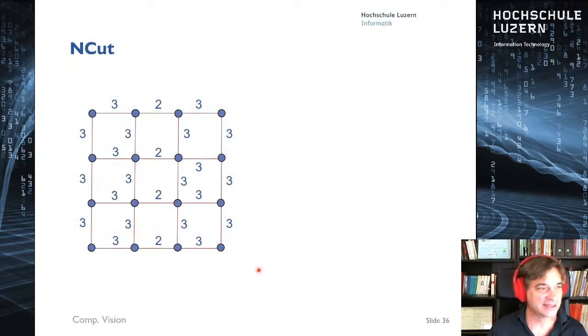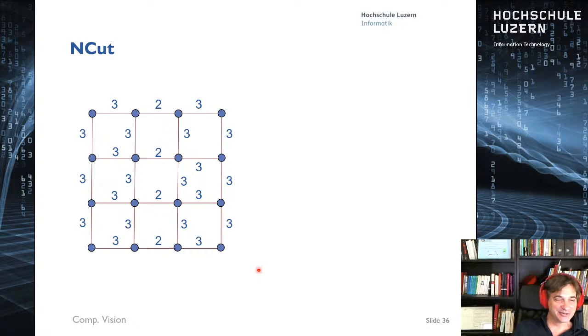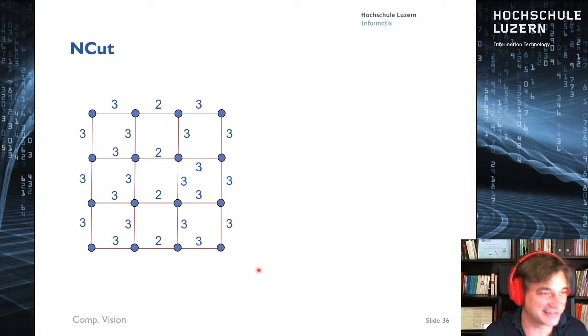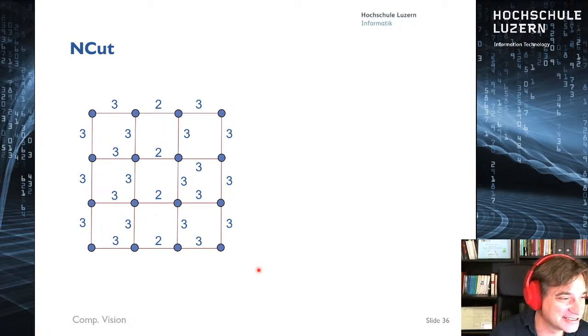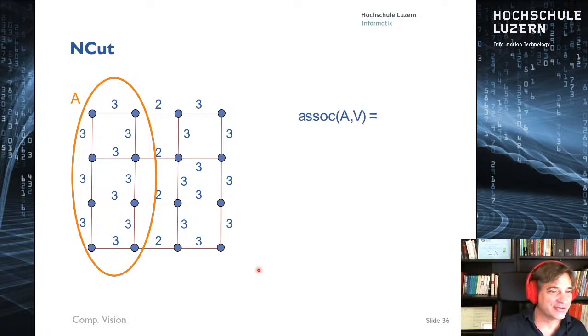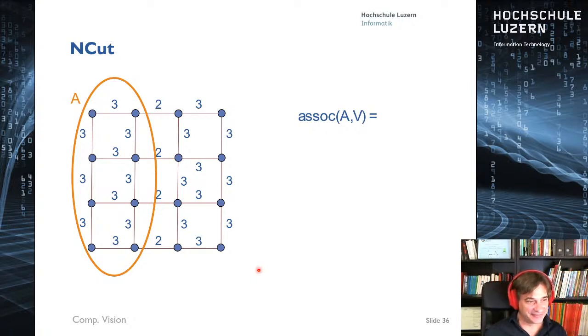Okay, now let's look at what happens here, and I just noticed that I actually made a mistake here, so we can see what the mistake was. I will correct it. The idea is we will assume that this is our first A, and so what is the value of this association of A?